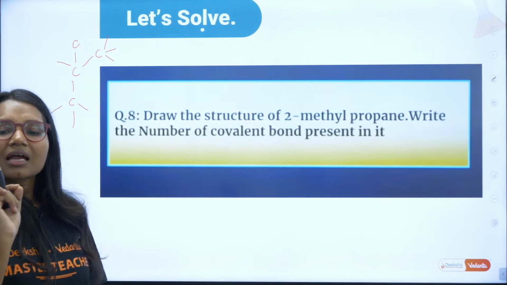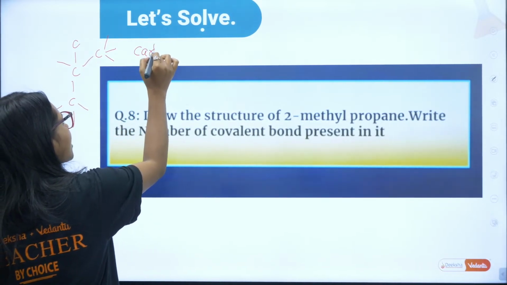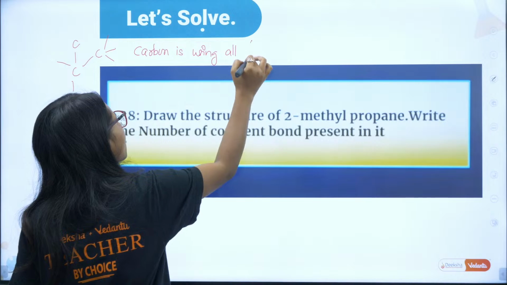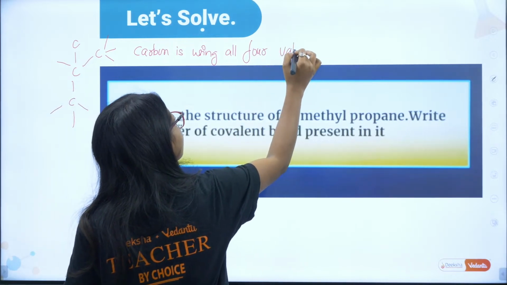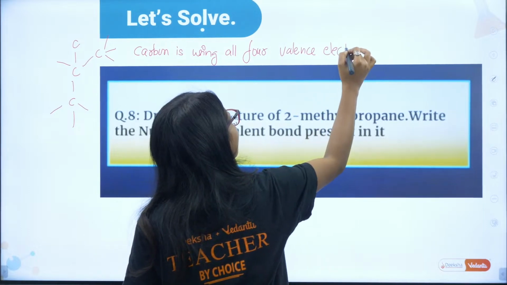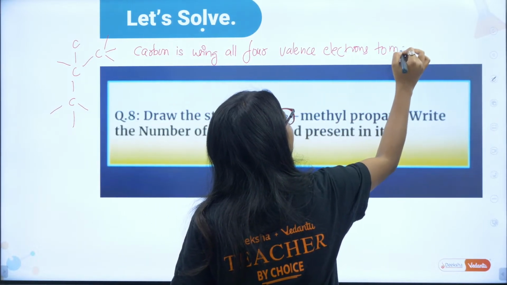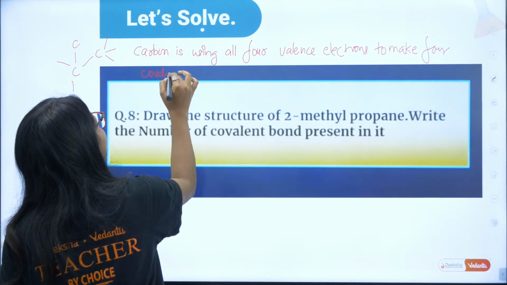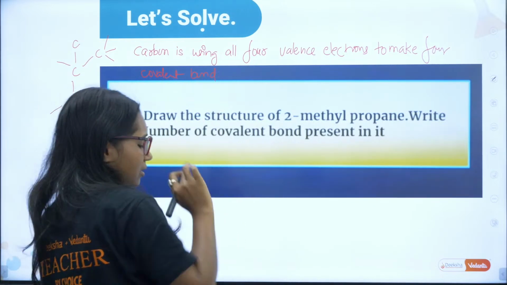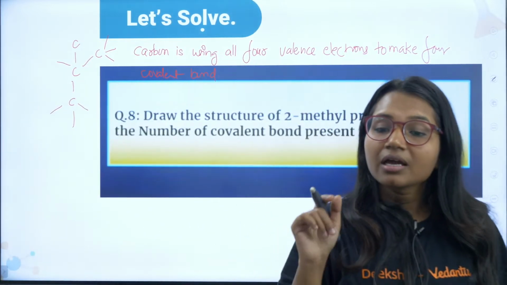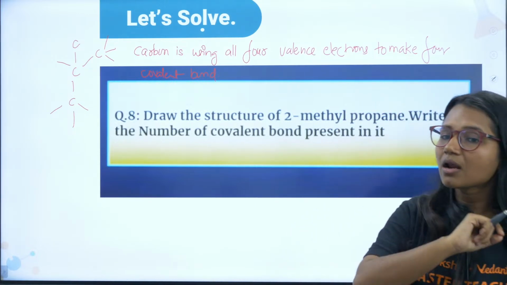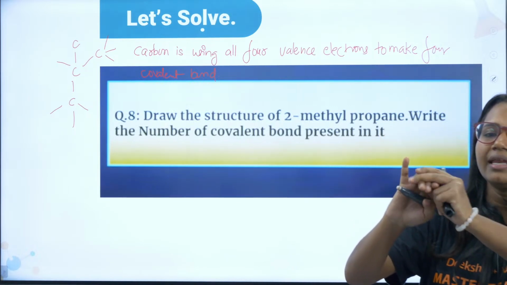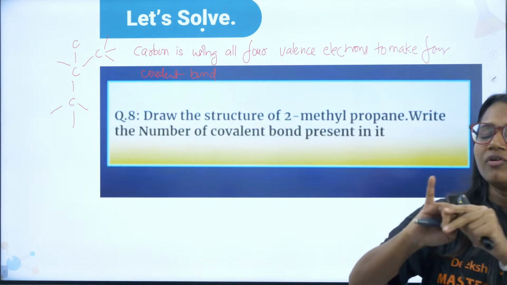It means carbon is using all 4 valence electrons to make 4 covalent bonds. But in graphite also carbon is there, but out of 4 it is using only 3 electrons. So 1 electron is free.